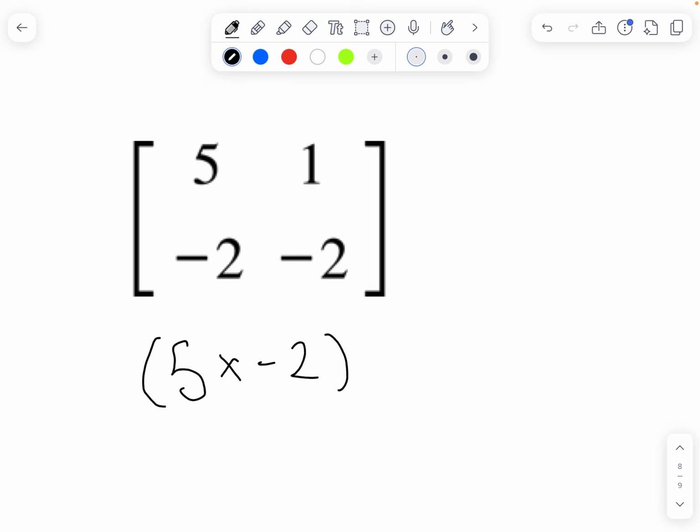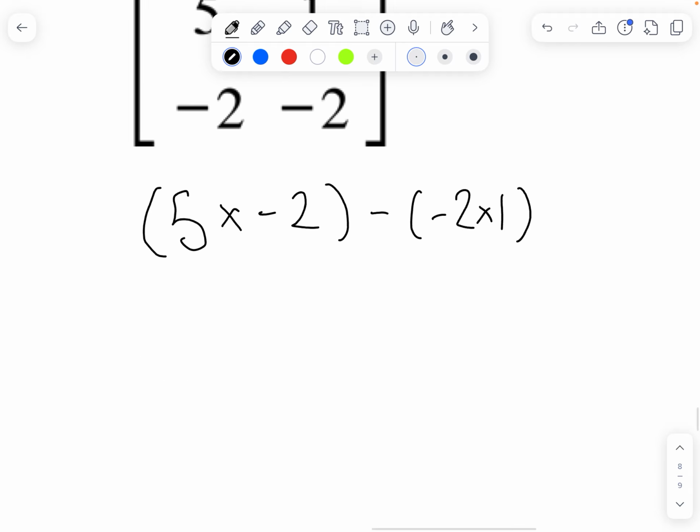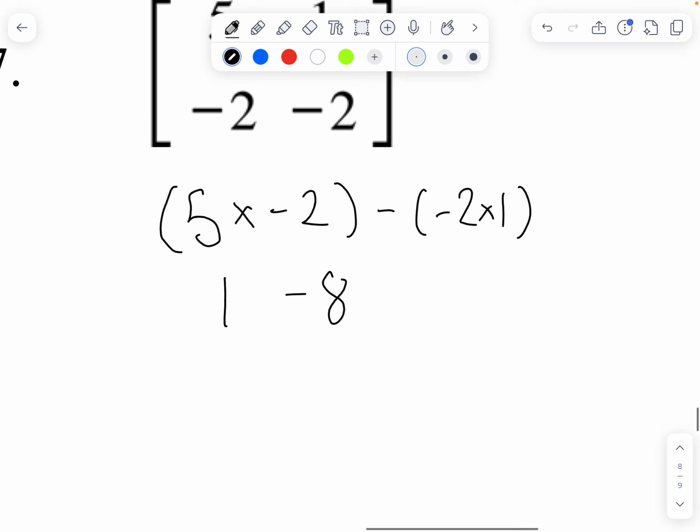Five times negative 2 minus negative 2 times 1. This equals negative 8. So d equals -8.